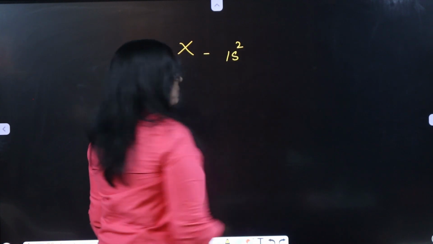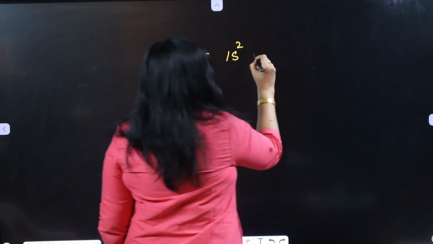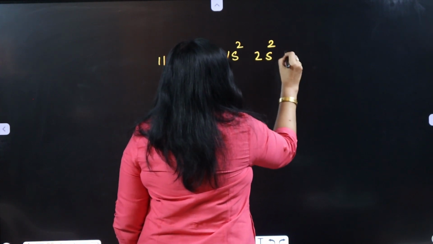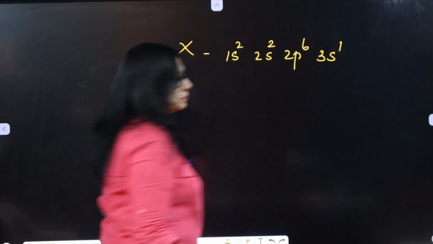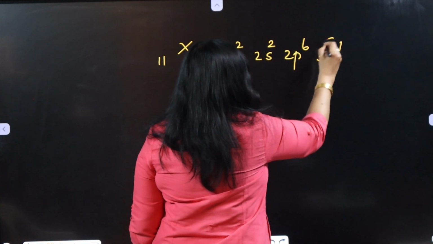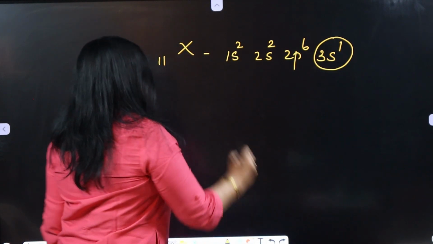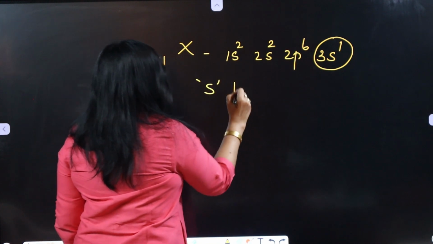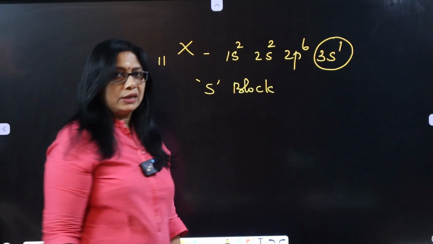According to the Aufbau principle, when you distribute the electrons in the increasing order of energy, it is 1s2, 2s2, 2p6, 3s1. You can see when we distributed the electrons, the last electron enters the S subshell of the valence shell. Therefore, it is an S block element. Clear?